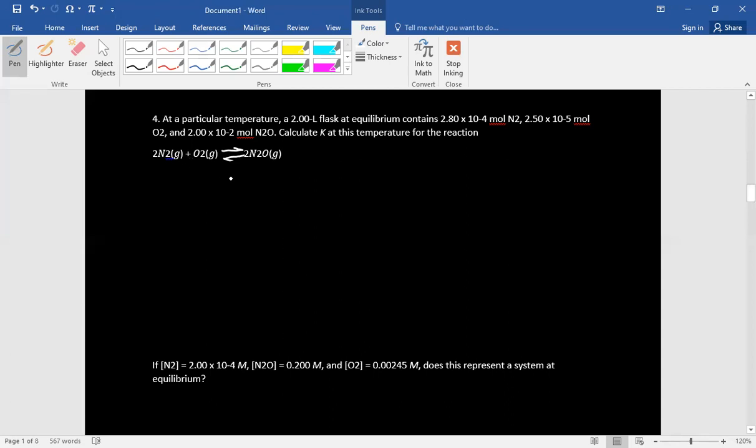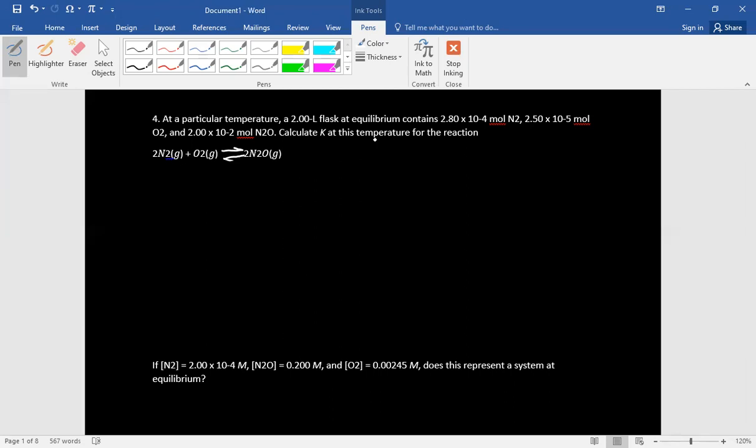This is the reaction. To get the equilibrium constant, we have been given the number of moles and there's a 2 liter flask, which means we have everything we need to calculate the molarities. So we're going to solve for K for this reaction using concentrations.